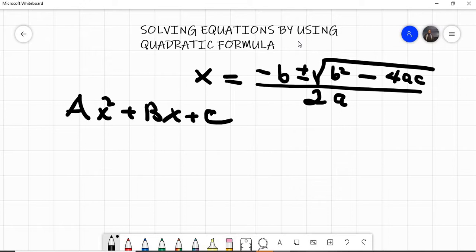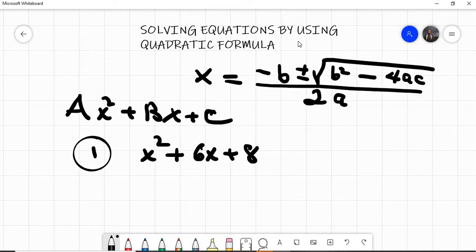Our first example, we are given x squared plus 6x plus 8 equals 0. And then we have to use the quadratic equation to solve this.